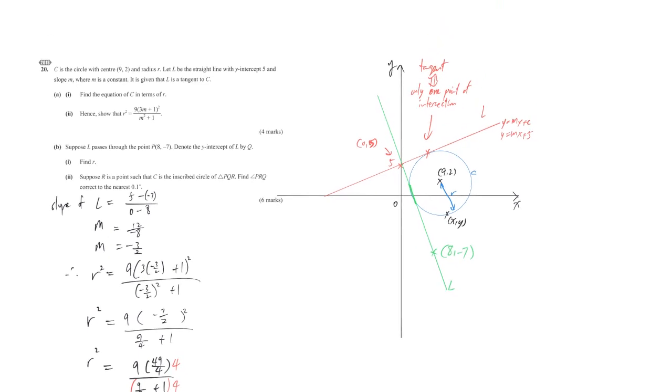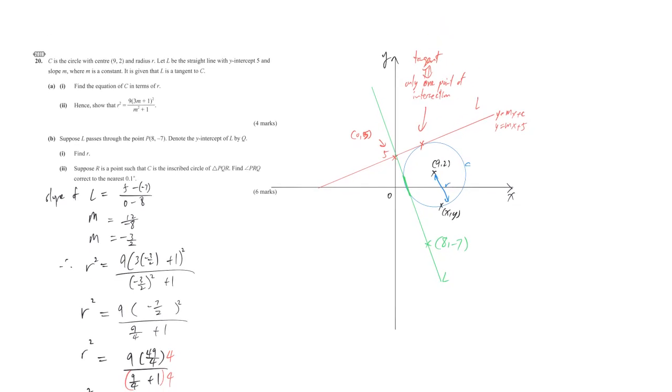And then we go back to part B. They are saying that R is a point such that C is inscribed in the triangle PQR. First, realize where PQR is. The y-intercept of L is denoted by Q, so we have point Q here. Afterward, we have point P, the marked point here, somewhere here.